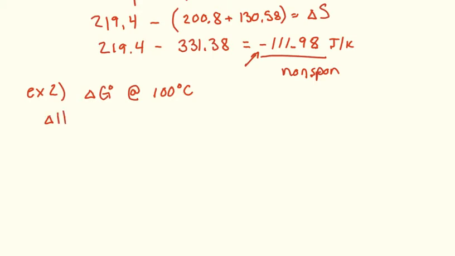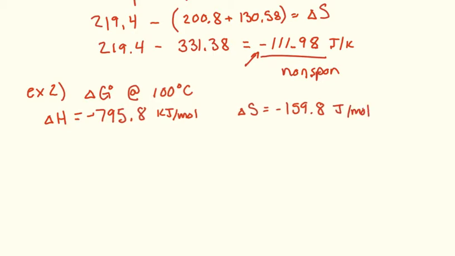We're given the delta H is negative 795.8, and of course that we know is in kilojoules per mole. And then we're also given the entropy, which is negative 159.8, and we know that that's going to be joules per mole, which can be kind of a problem.